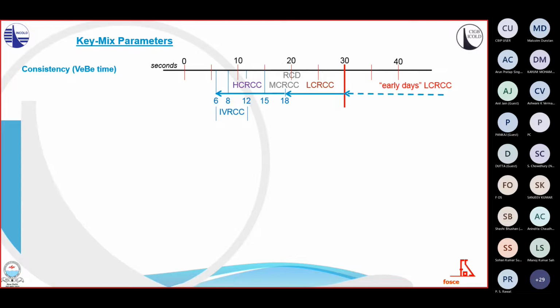RCD, as built in Japan, and medium cementitious mixes are generally located next in this line, somewhere in the range of 15 to 20 or 25 seconds. And on the left side, you can see the high workability mixes below 15 seconds, with the very workable IVRCC below 12 and down to 6 seconds. These mixes are, in fact, touching the limits of zero slump CVC mixes.